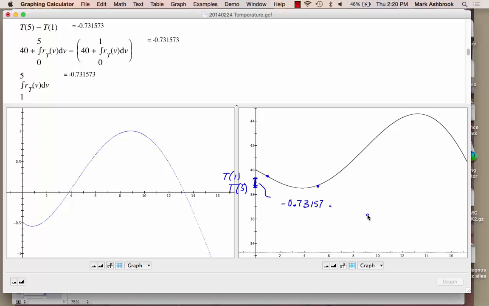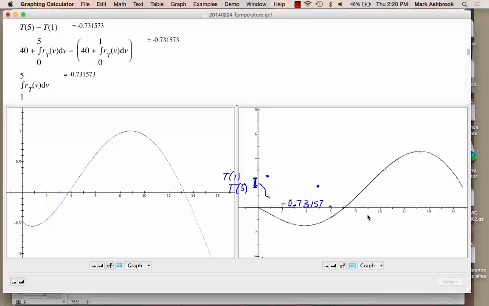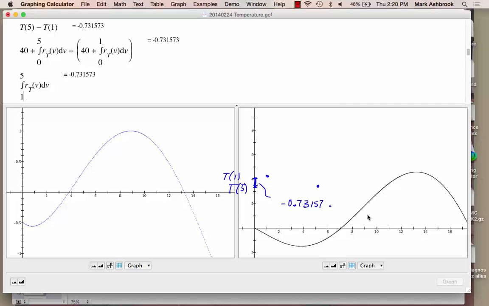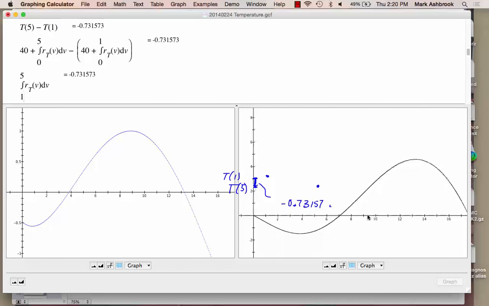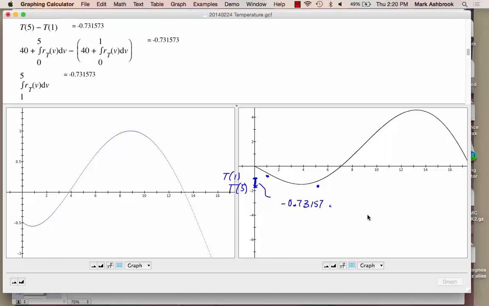I don't need the temperature function to talk about that change in temperature. I could also use the accumulation function, right? I'll keep that on the screen and go back down to the accumulation function, which starts at 0. I don't know where it would go this way, but we'll just guess. Oh, right, it's got to be points on the curve. There we go.